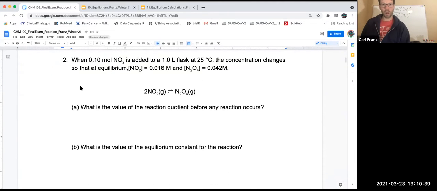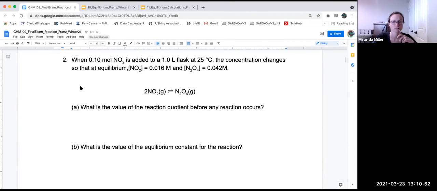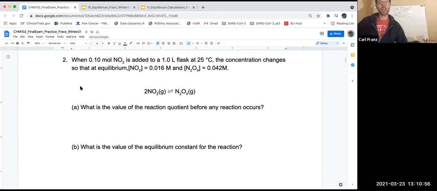All right, so the next problem: we're adding 0.1 mole of NO2 to a 1.0 liter flask at 25C, and the concentration changes so that the equilibrium is established. It gives us the reaction, and asks, what is the value of the reaction quotient before any reaction occurs?